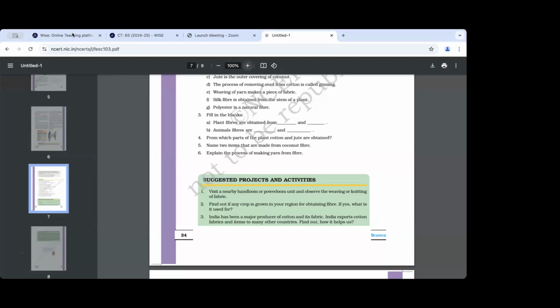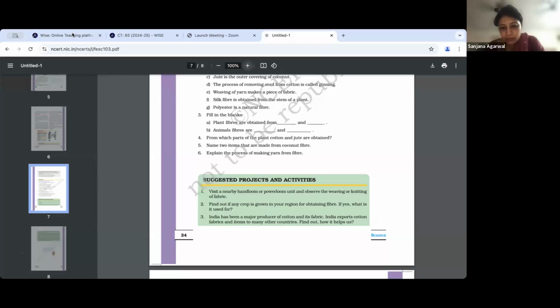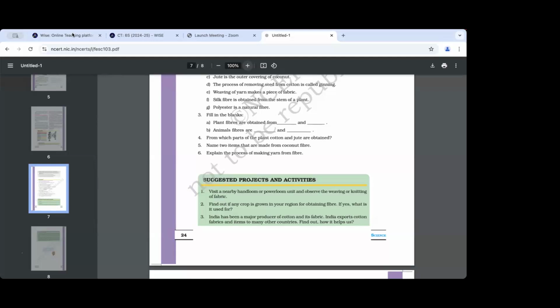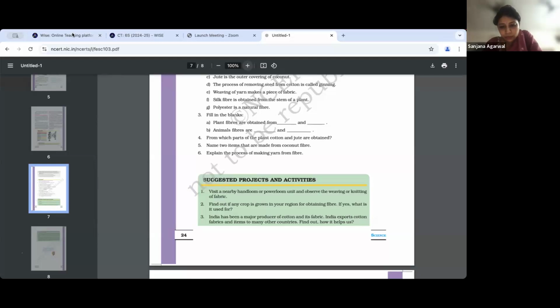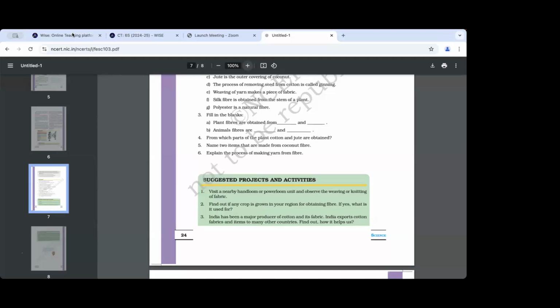Ma'am, can I tell what's ginning? Neha. Yes, ma'am. The process of separating fibers from the seeds of cotton is called ginning. And ginning can be done by hand or by machines.